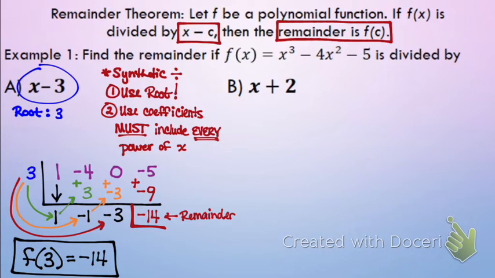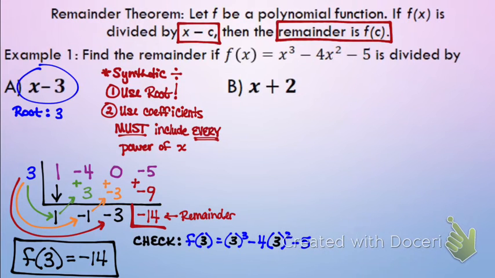So let's check over here. I'm going to do f of 3. That means I have 3 cubed minus 4 times 3 squared minus 5.